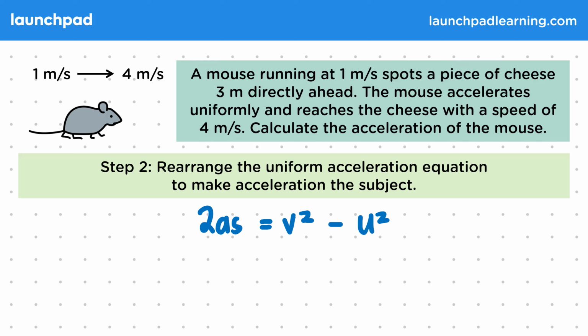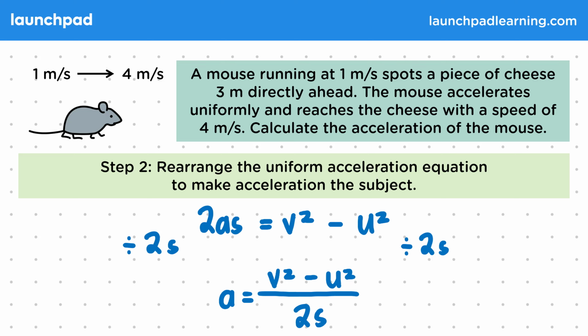Now, to get a on its own, we need to move the 2s to the other side. Since we're multiplying this by a, we move it by dividing both sides by it. This leaves us with a equals v squared minus u squared all over 2s. Feel free to watch that again if you're still a bit unsure of what the steps are and why we do them.